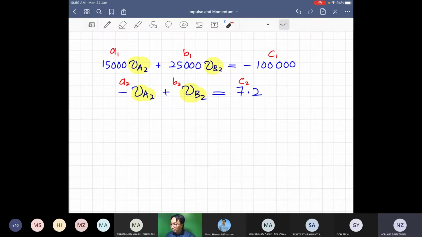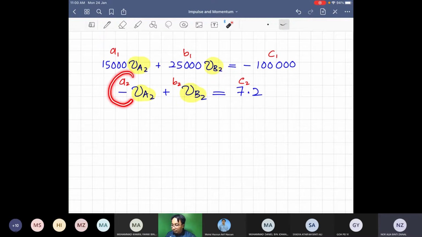What is our A1? Our A1 is 15,000. So enter 15,000 and press equals. B1 is 25,000. Enter 25,000, press equals. C1 is negative 100,000. Enter minus 100,000, press equals. Now it asks for A2.